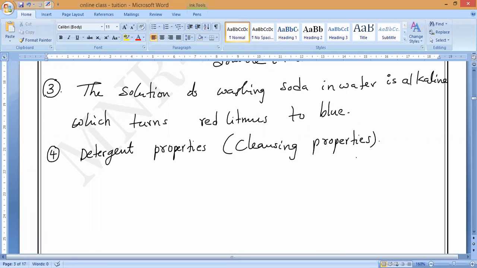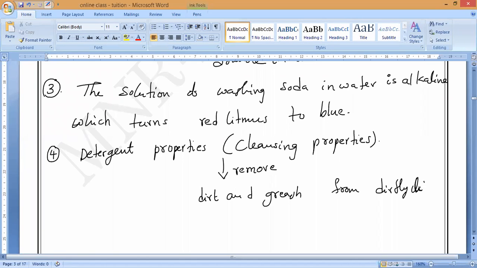Washing soda has detergent properties because it can remove dirt and grease from dirty clothes. Understand, all of you?